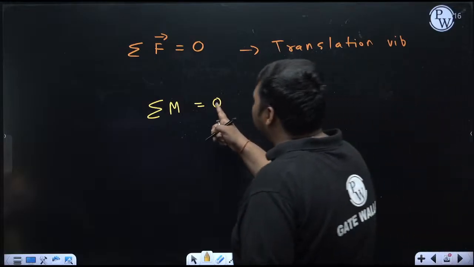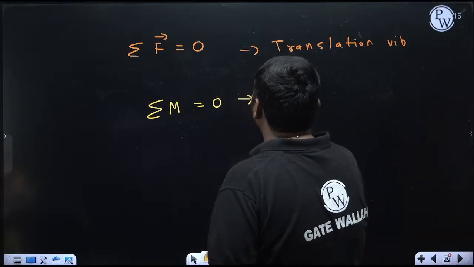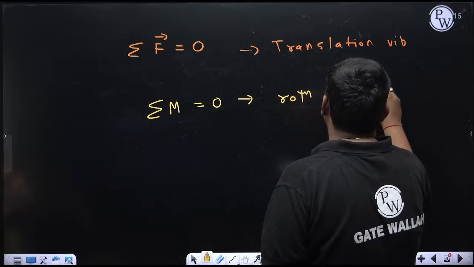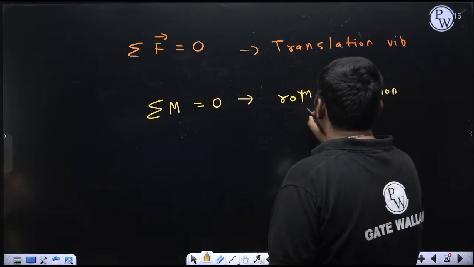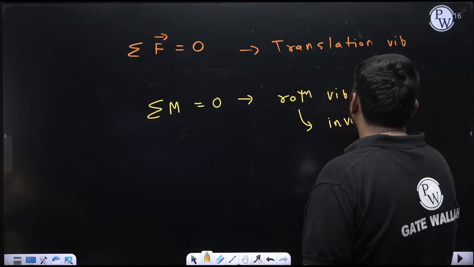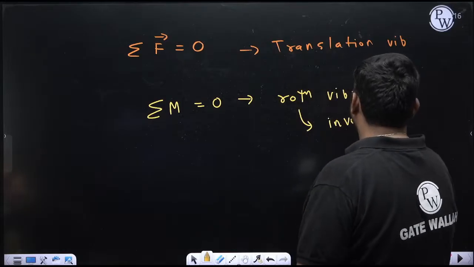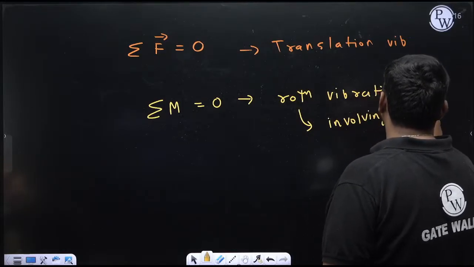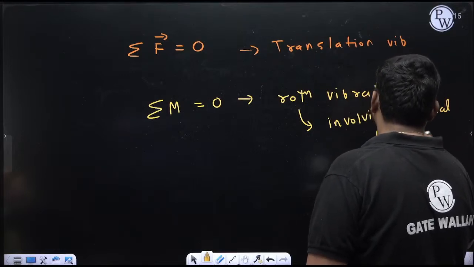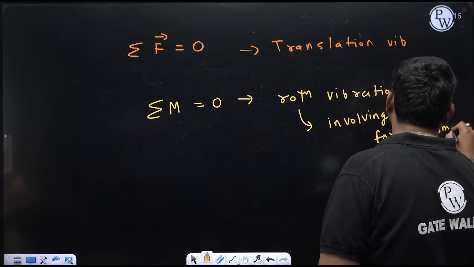But when I say it is 0, it is 0. I will use this in case of rotational vibration. But this equation I can use only after involving inertial forces or moments. How we can calculate this inertial force and moment, I will explain, don't worry.